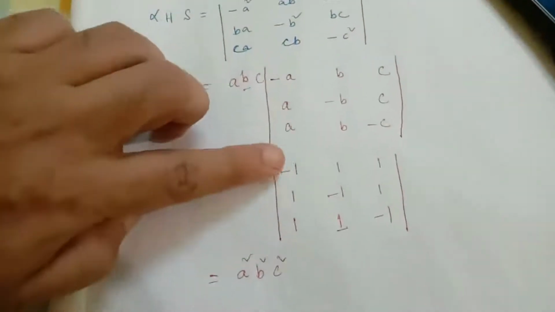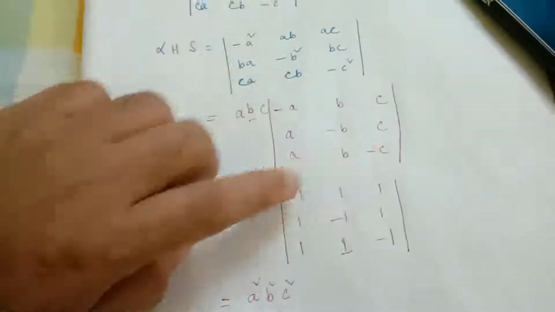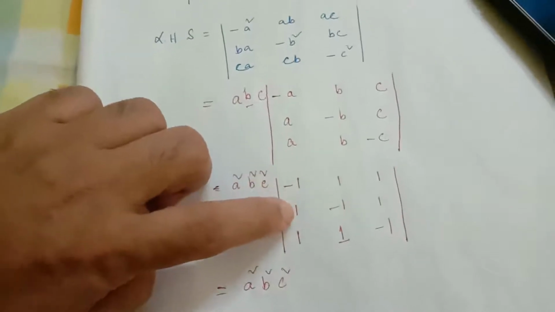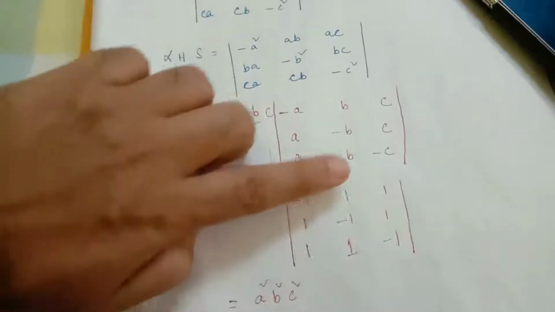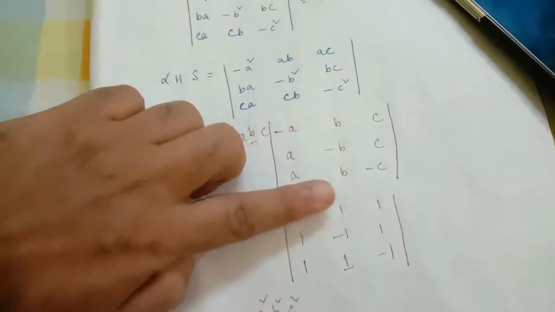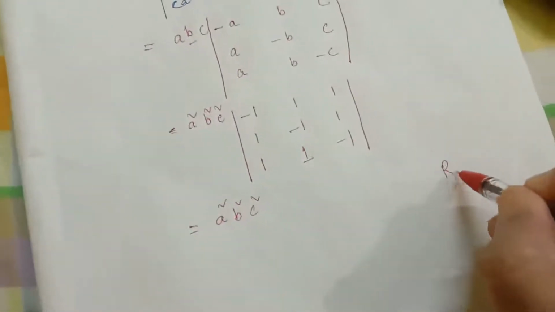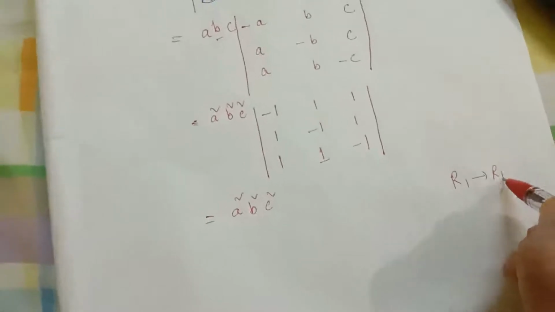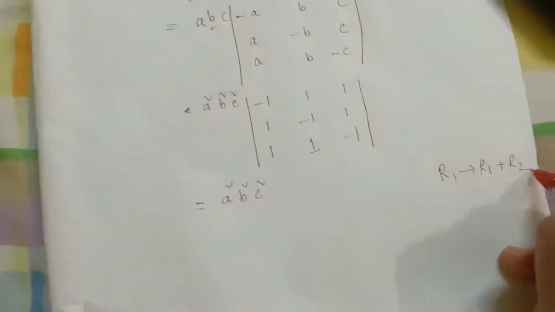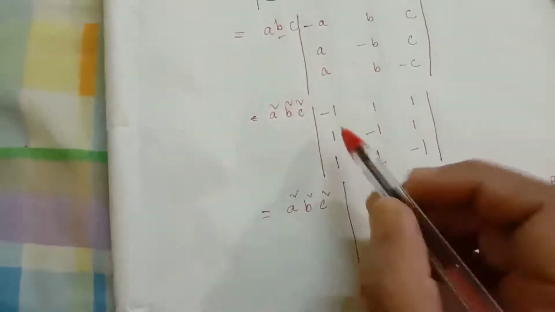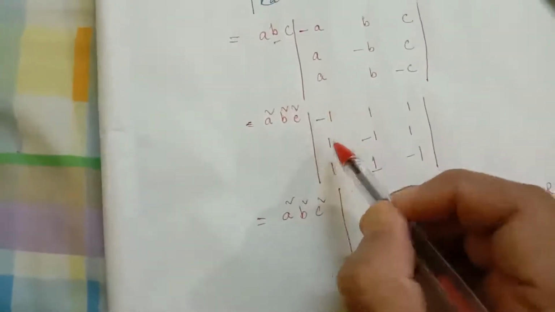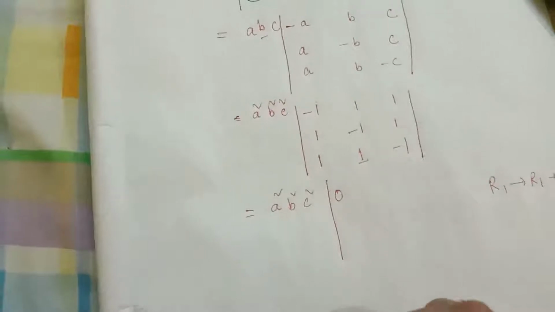In the first row, this element is minus 1 and this element is plus 1. If we replace R1 by R1 plus R2, minus 1 plus 1 will become 0.